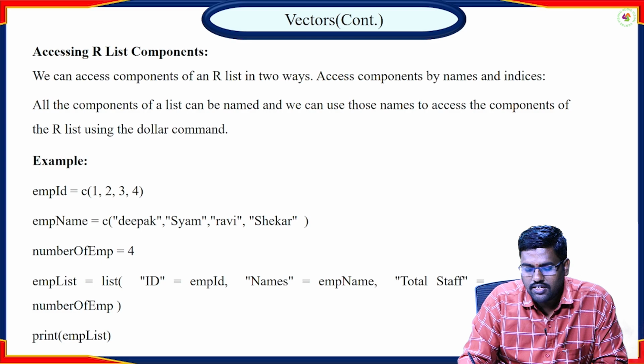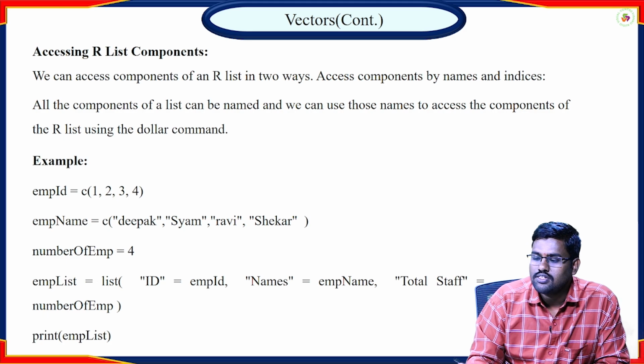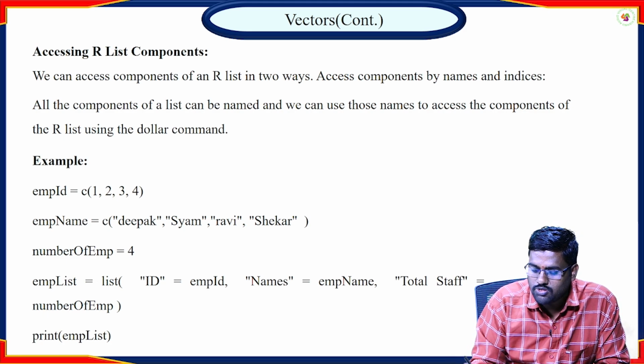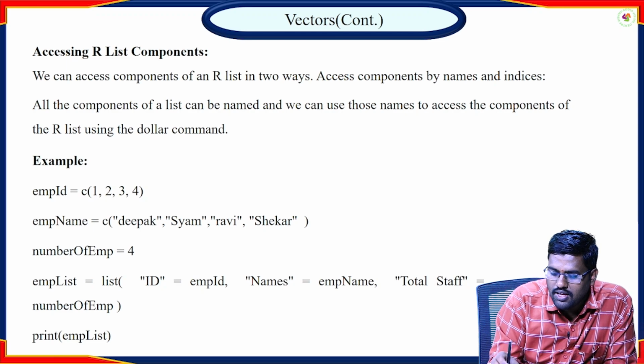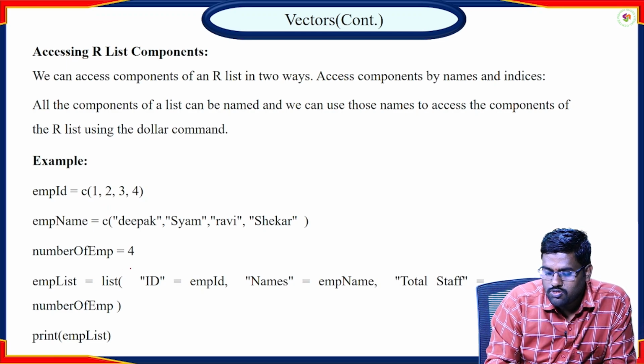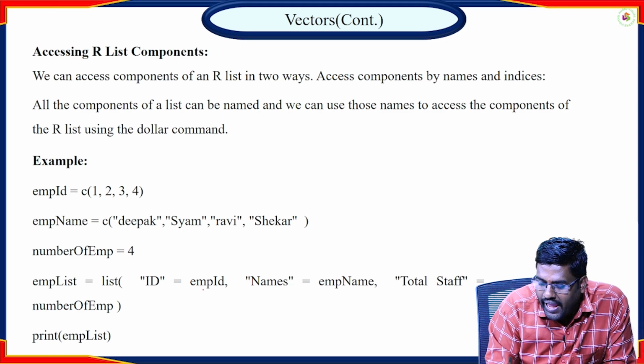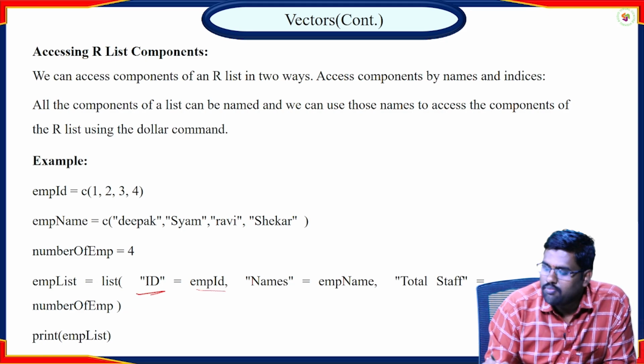Next, for example, if I have to access the elements of an R list, there are 2 ways. The first is using the index with square brackets, and the second is using the dollar sign. Now see the same example we took previously: employee ID, employee name and number of employees. Now we will call the employee ID variable name as ID.